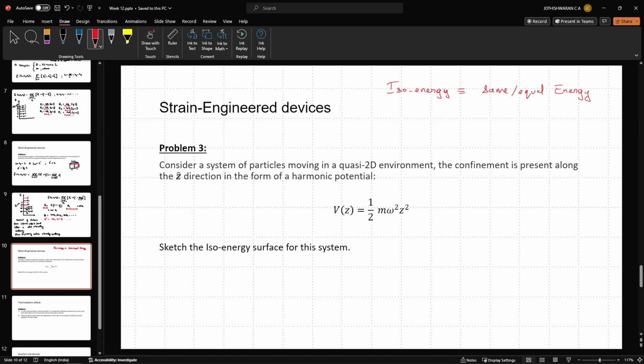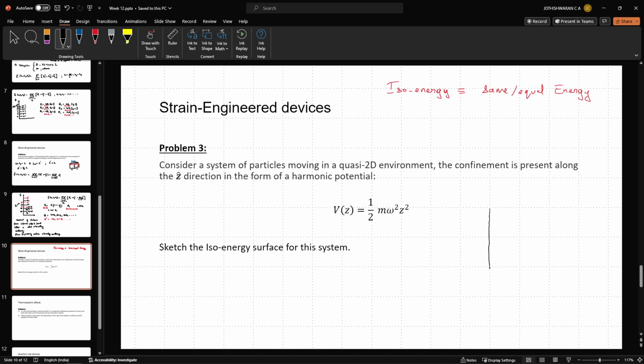So what is mentioned is the confinement occurs along the z direction, which implies, now if we have, let me quickly draw the axis.